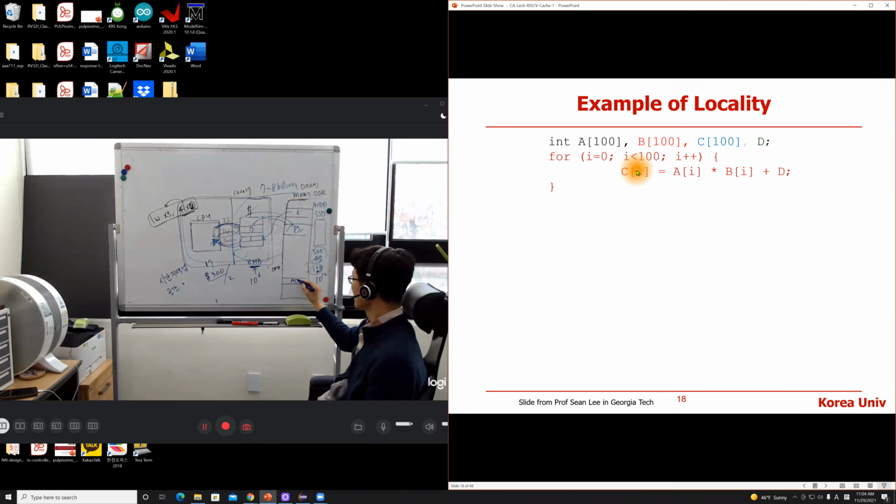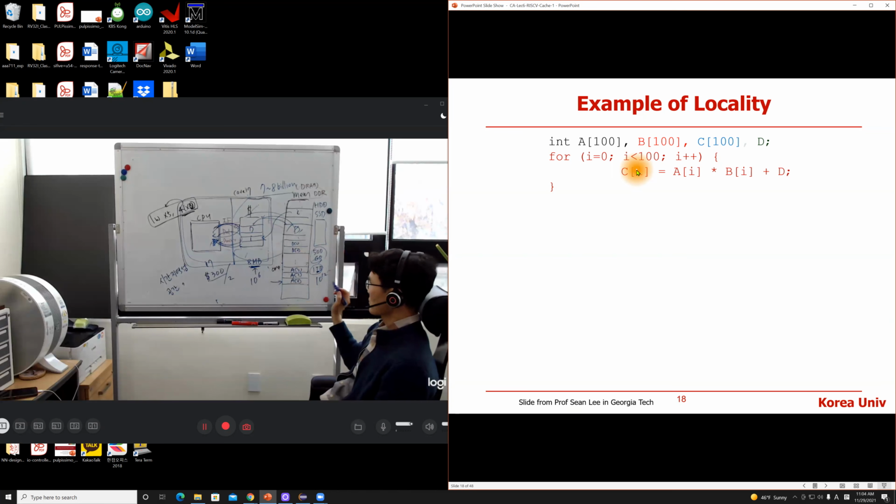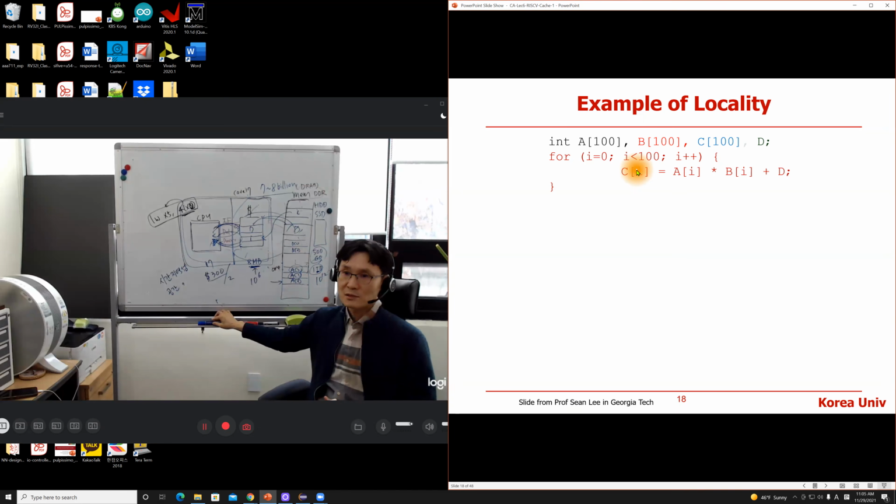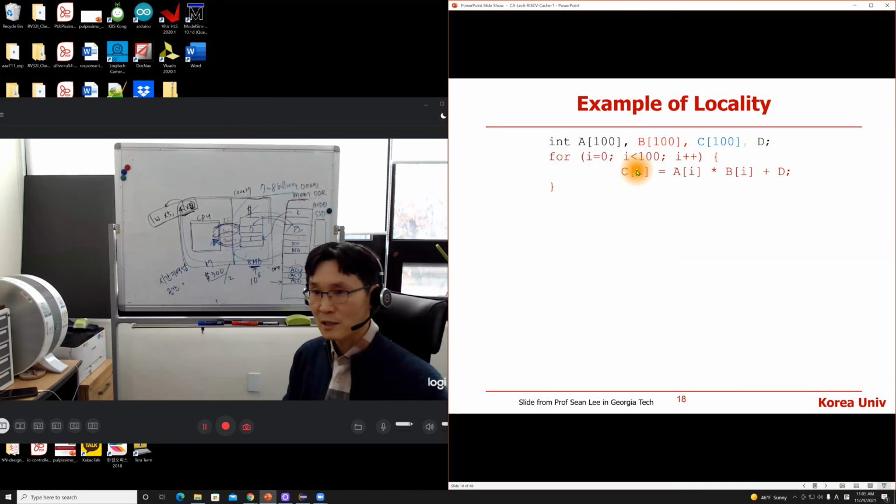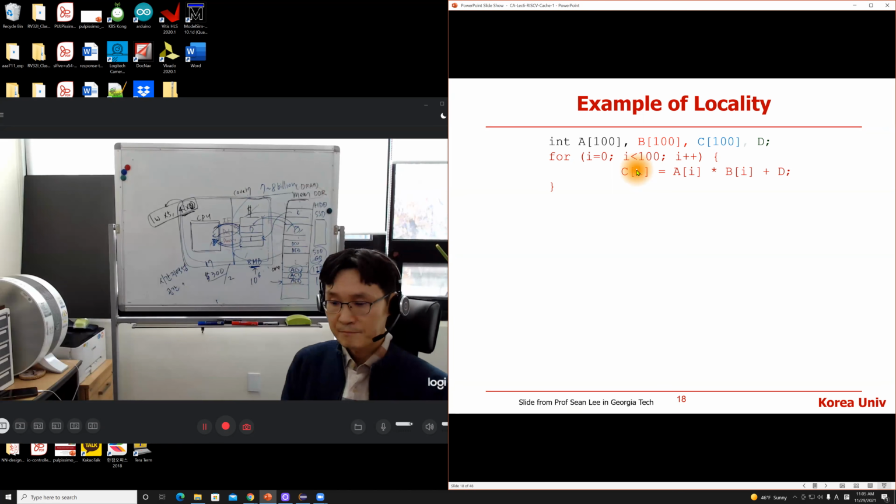A0, A1, A2, and so on. And B0, B1, and so on. So first iteration, you access A0. Next iteration, you access A1. Third time, A2, and so on. So this array is showing very good spatial locality property. Does it make sense?